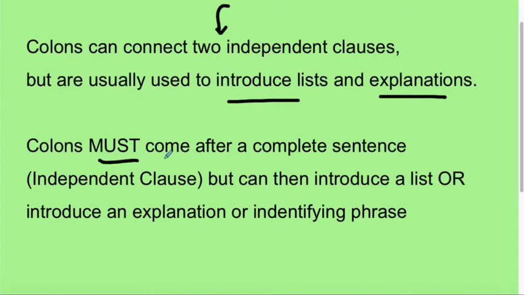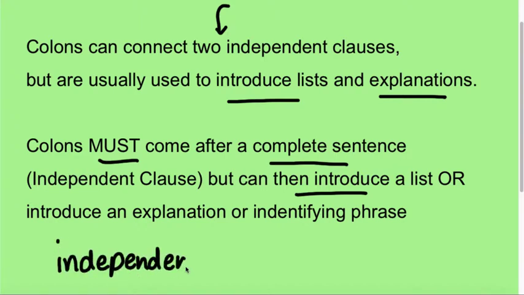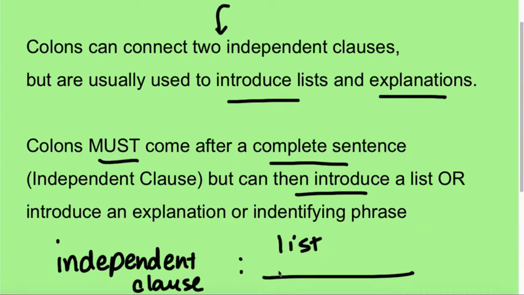Colons must come after a complete sentence or an independent clause, but can then introduce a list or an explanation or identifying phrase. So that's really good, because then I know I've got independent clause, colon, and then either a list or explanation. So I can use it in that case as well.